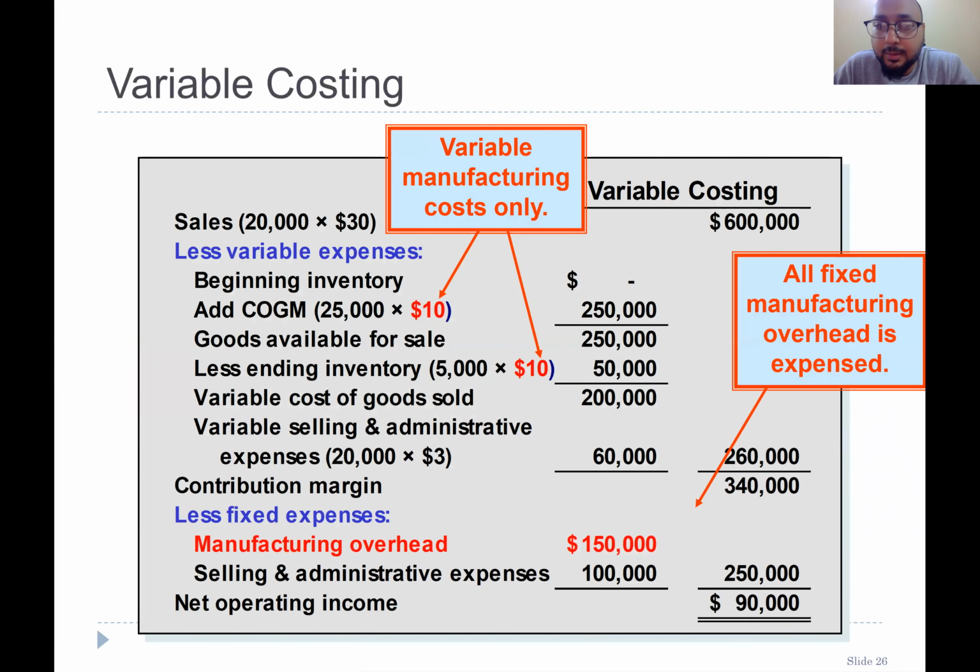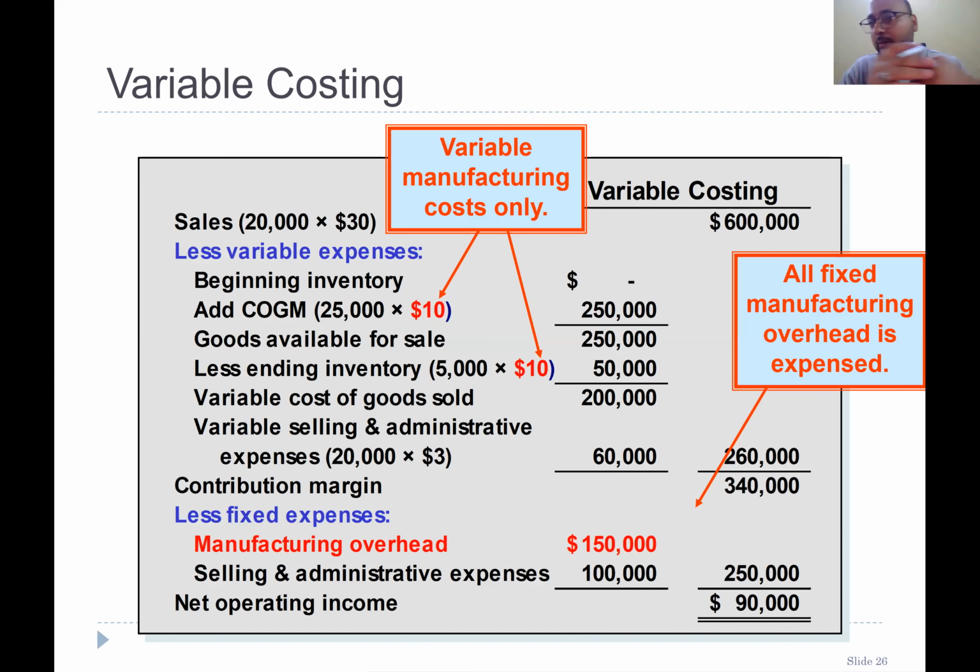So under variable costing, what is the formula for net income? Income statement: sale minus variable cost is equal to contribution margin. From contribution margin, you subtract all the fixed and variable period costs.